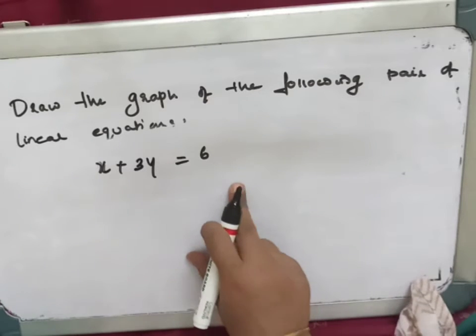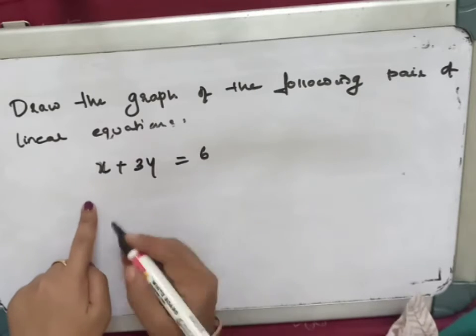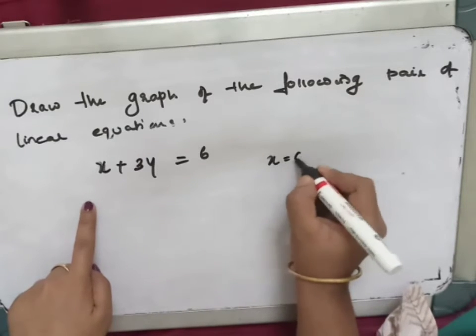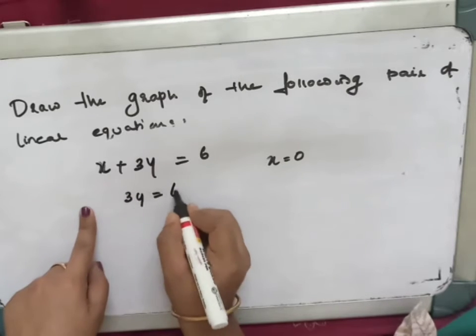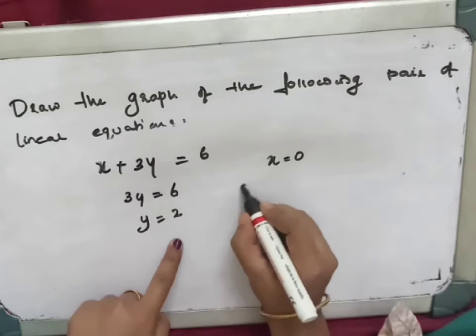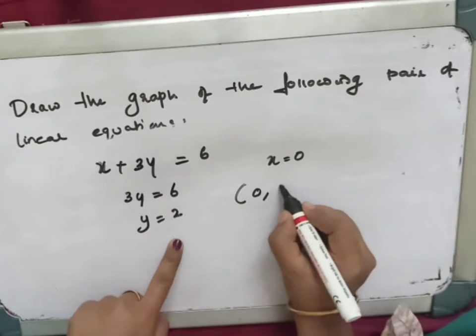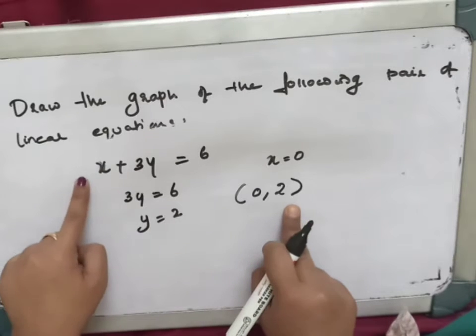So from this equation we have to obtain at least 2 points to plot graphically. So first let us substitute x is equal to 0. When x is equal to 0, we have 3y is equal to 6, therefore y is equal to 2. So we obtain the first point, that is 0, 2. This is one point on the graph that satisfies this equation.